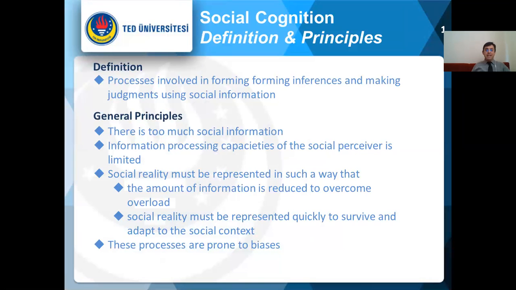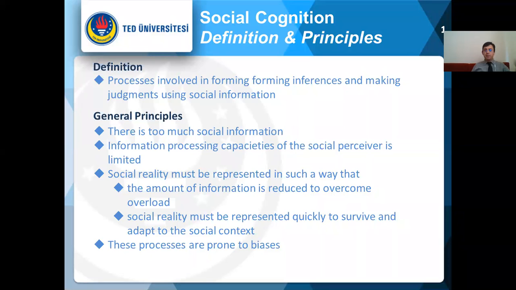Social information is any sort of information that we receive from the social context, from the environment that we are in together with other people. So, social cognition means that human beings or social perceivers are trying to make sense of what's happening around them, especially in their interactions with other people. They try to understand and make sense of the meaning of these events taking place so that they can survive, adapt, and attain their goals in different contexts.